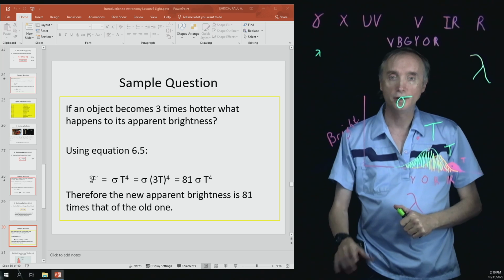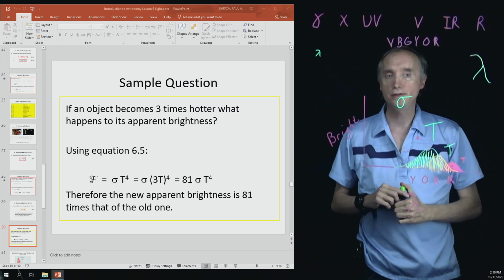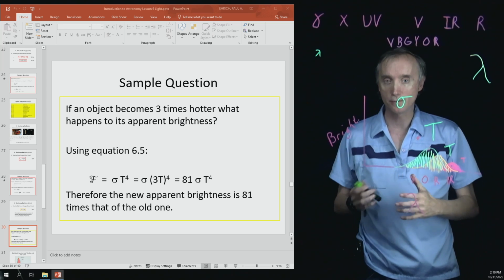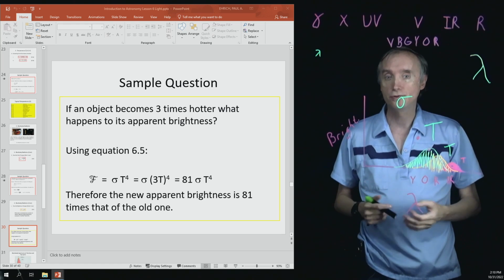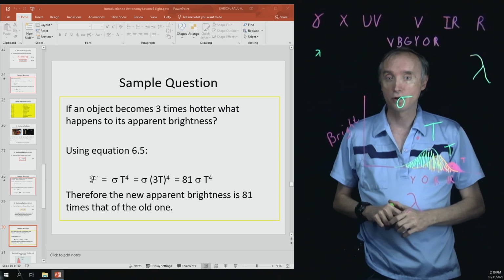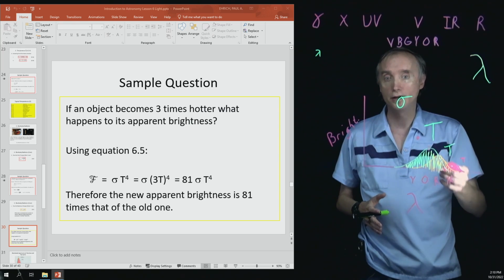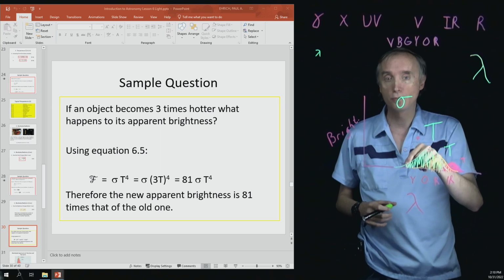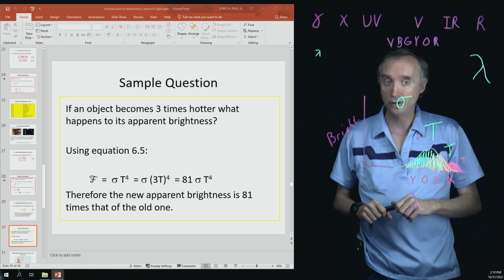So here is a sample question. If an object becomes 3 times hotter, so the temperature goes up by a factor of 3, what happens to its apparent brightness? We're going to take the 3T and plug it in, and remember it's raised to the 4th power, so the brightness is not going to increase by 3.